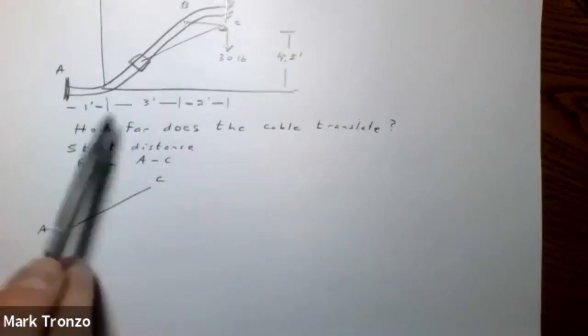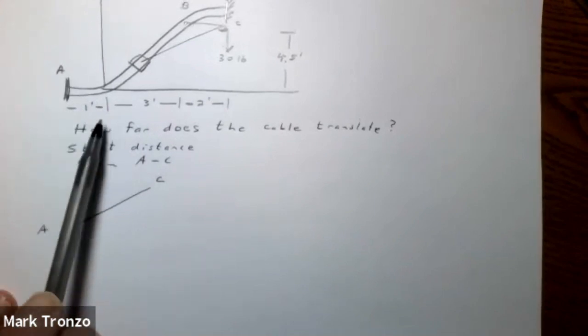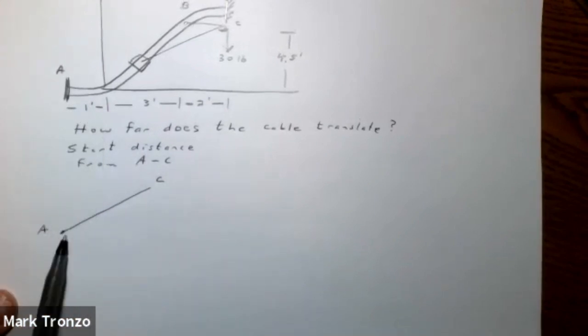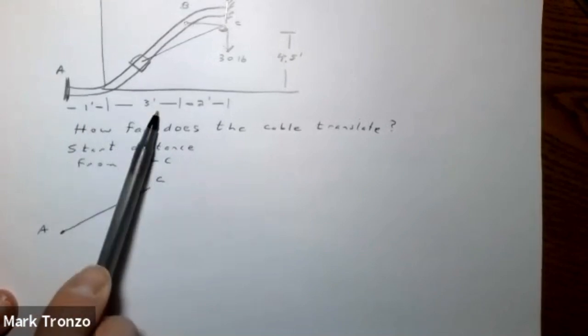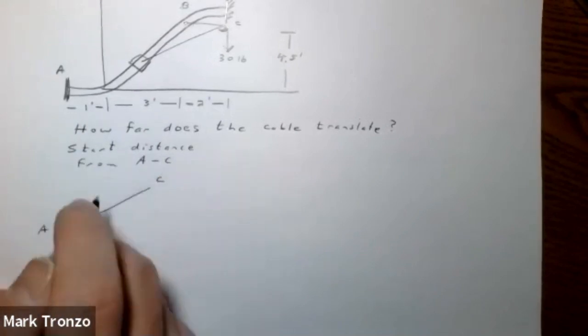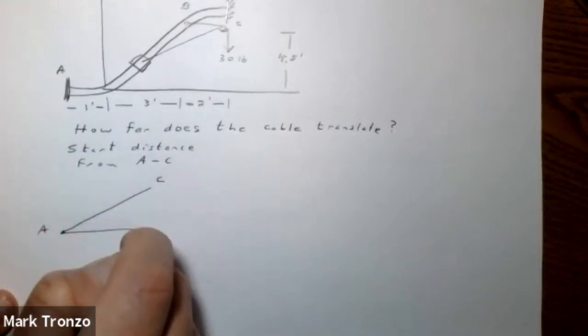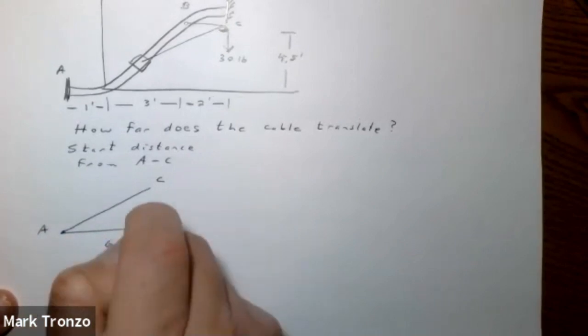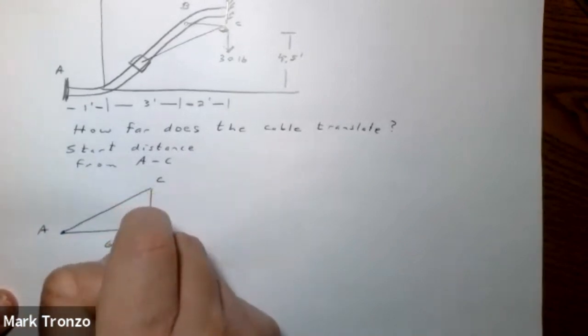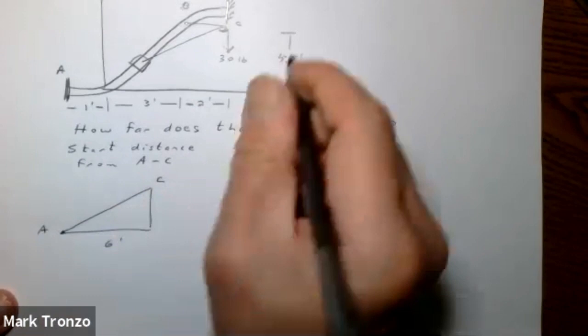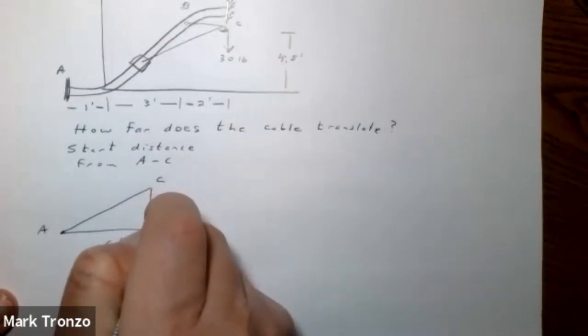And you can see that from A to C, the horizontal direction is going to be 1 plus 3 plus 2, so that's going to be 6 feet. And then the vertical distance is 4.5.